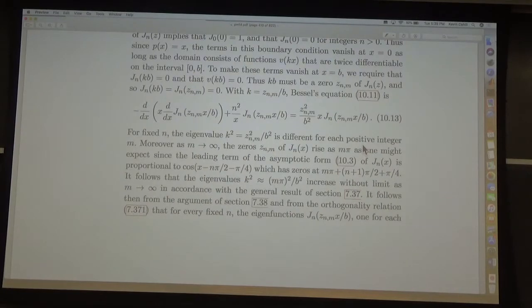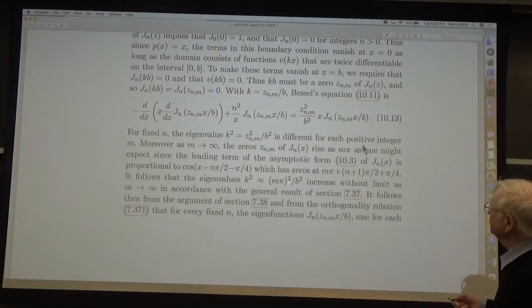Moreover, the eigenvalues are basically z squared over b squared, and they are roughly m pi squared over b squared.